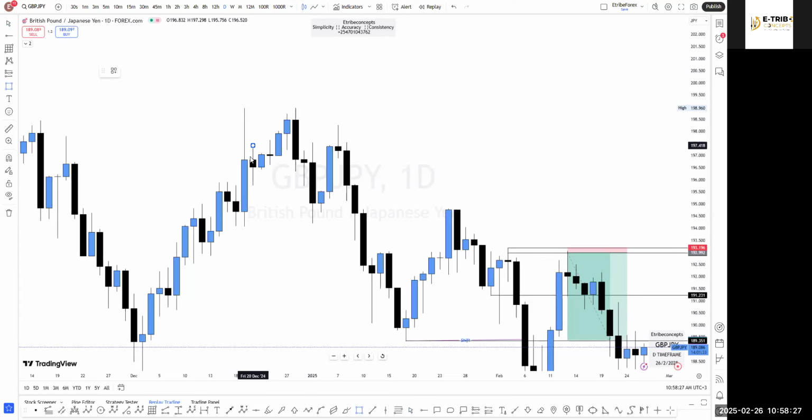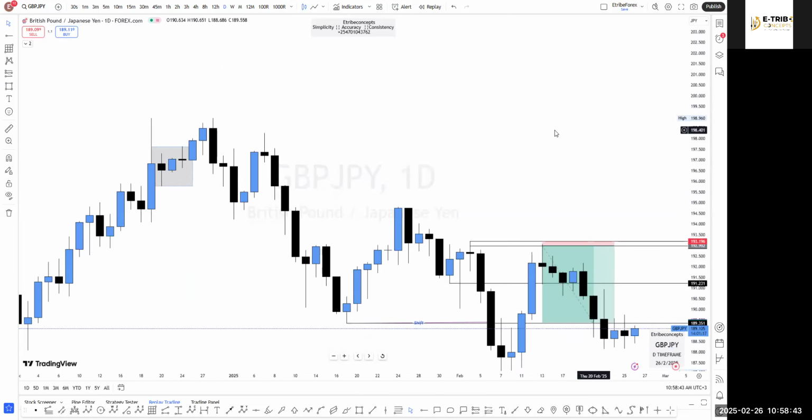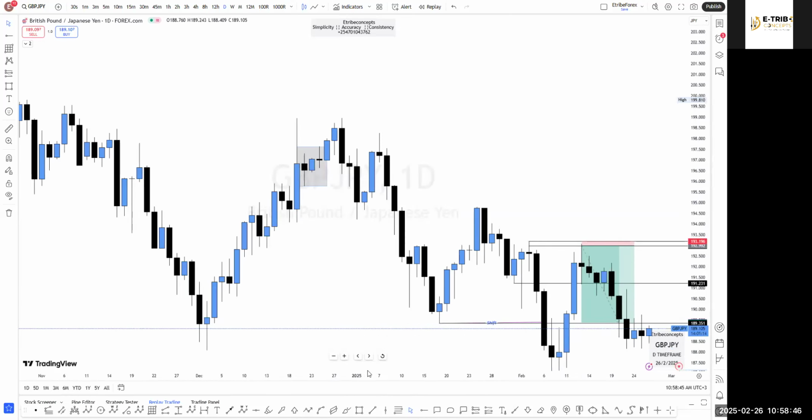We have this area. Then, in fact, one interesting thing up here, we have a type 1 formation. We have type 1.